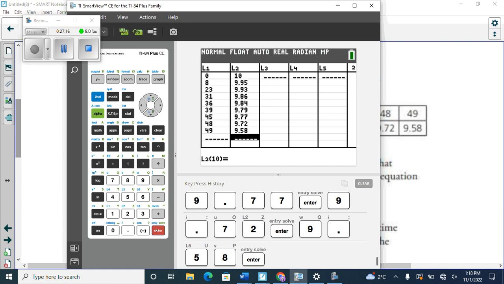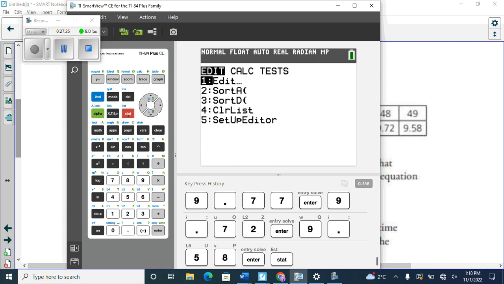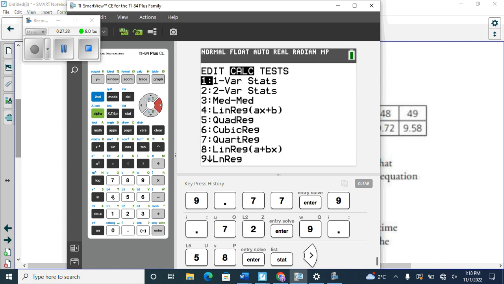So you have to press enter in order for the list to take it in. So sometimes, if your lists are lopsided, they'll say dim mismatch, gets mad at you. Okay? So we go stat, calc, linear.